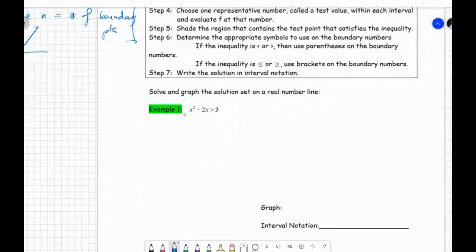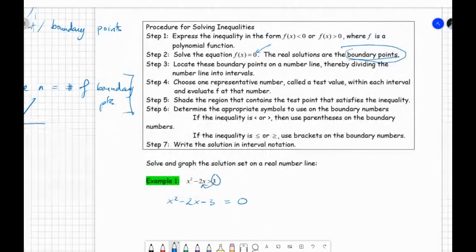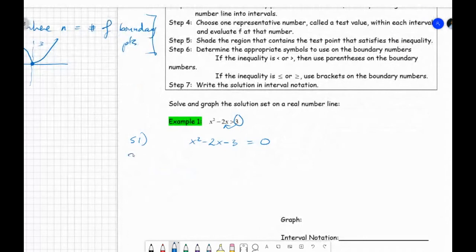All right, so let's do an example here so we can go through each step. All right, so now we need to solve for this by setting it equal to 0. So here we need to move this 3 to the other side and set it equal to 0. So that is our step 1. Okay, step 2, we're going to solve for it.